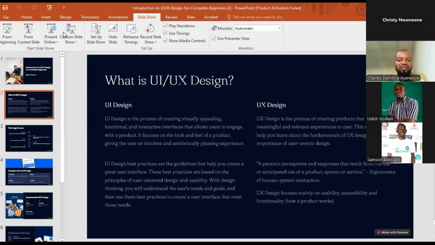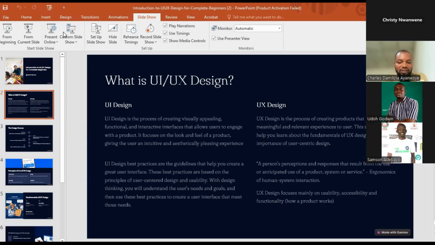Without having the knowledge of design thinking, without having the mindset of design thinking, it will be very difficult for you as a product person, as a UI UX designer, to build a product that is user-centric, to build a product that people can actually work with, to build a product that will get into the market, then get positive feedback from people.